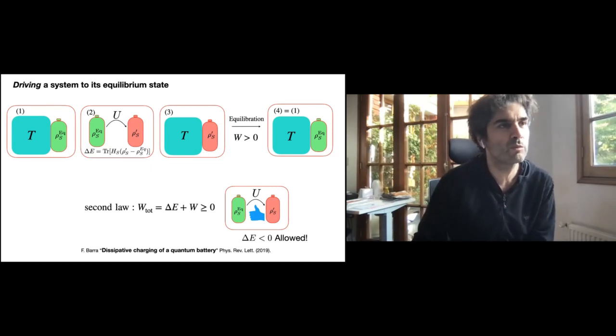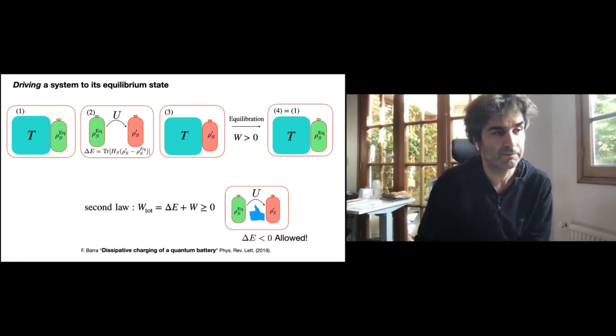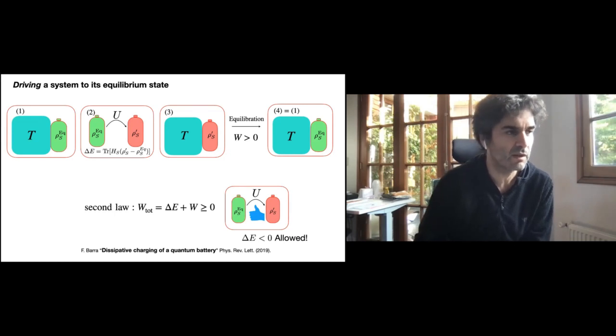You will need to do some work to reach equilibrium. Therefore, the total work performed in the cycle is the sum of the energy change in the system plus the work for equilibration. And this also allows us to build a battery, right? And in this paper, I construct the process, and I can talk a little bit about that if there are questions about this.